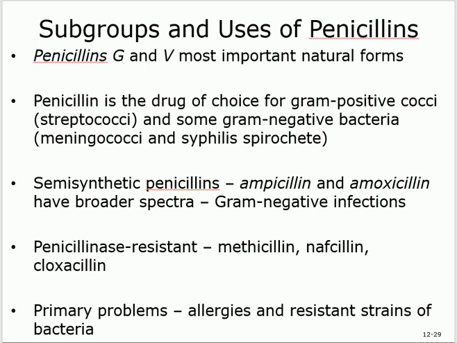Like when you say penicillin G and penicillin V. Where did you get this from? I get it from the microbes. Okay? So this is for the natural. Semi-synthetic, like ampicillin and amoxicillin. And this is broad spectrum. And some of them are semi-synthetic, and some of them are synthetic completely.